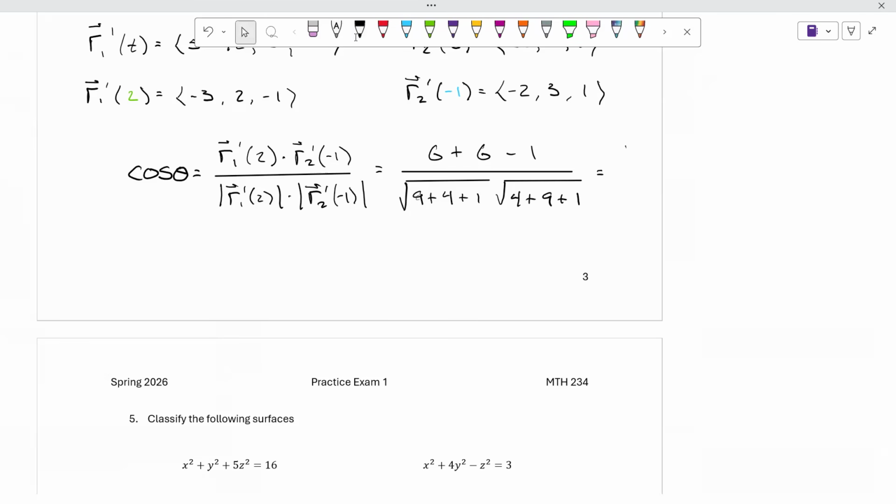So in the end, I think I've got 11 for my numerator and 14 for my denominator. So to get just the angle theta, it should be the arc cosine of 11 over 14. Cool, that's my angle.